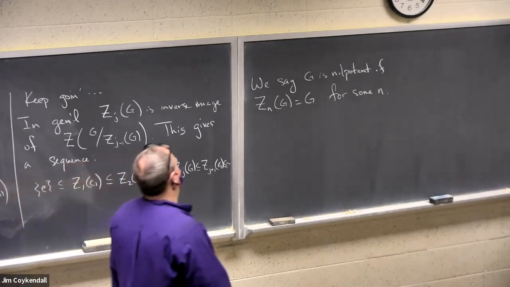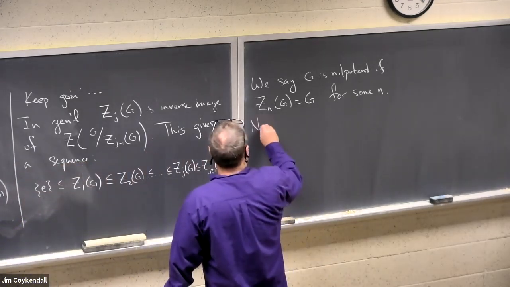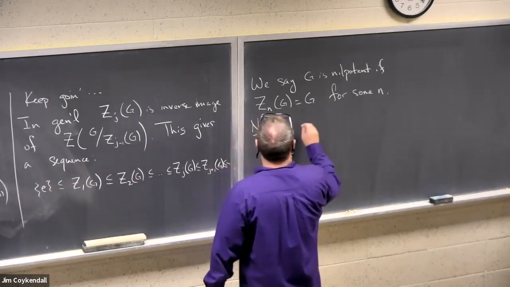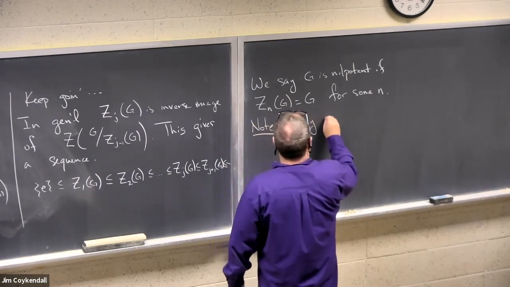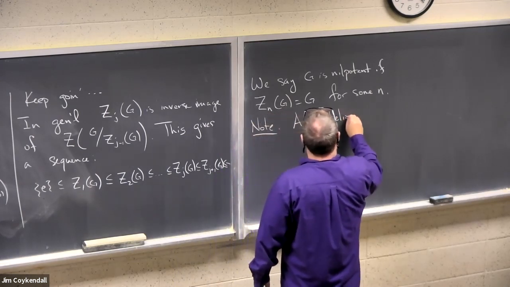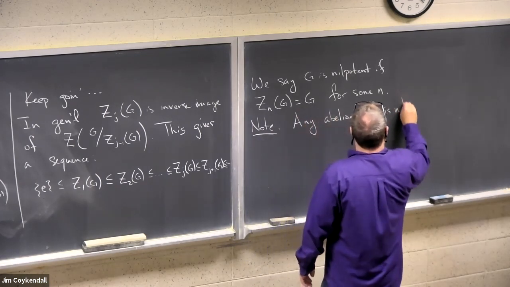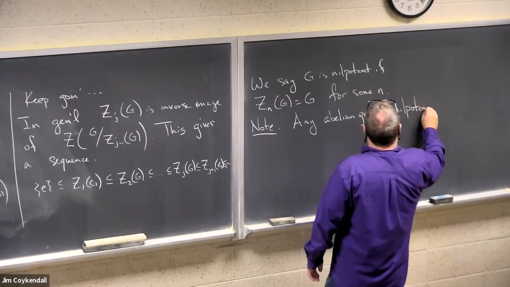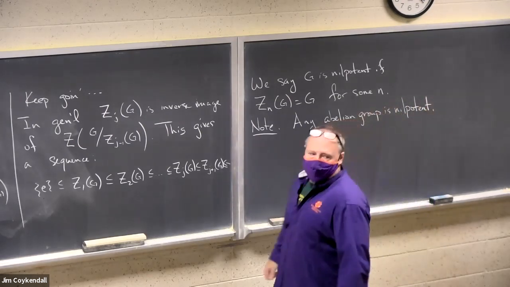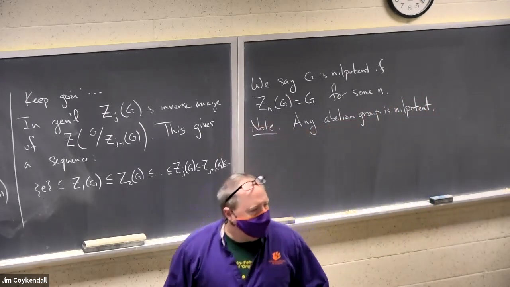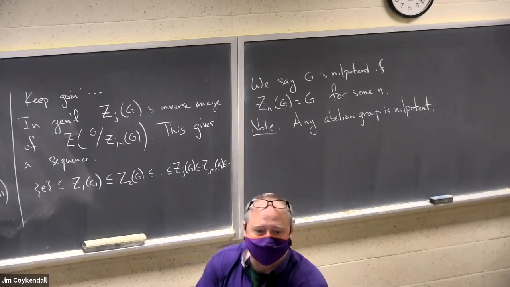Note that any abelian group is nilpotent. So one might consider nilpotent to be a generalization of abelian.